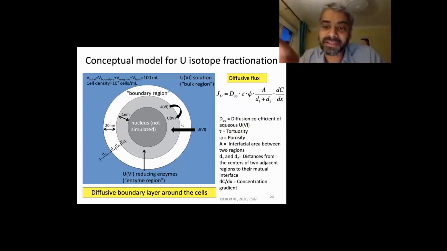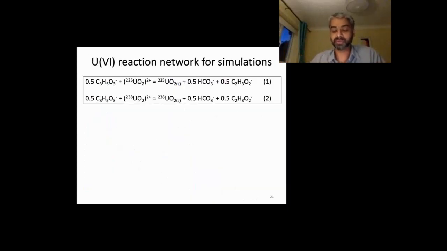We can calculate the diffusive flux of uranium-6 by this equation. All these parameters are unknown at this point. Some of them we got from the literature, but for the others, we had to calibrate the model. Before that, let's look at the reaction network for the simulations.